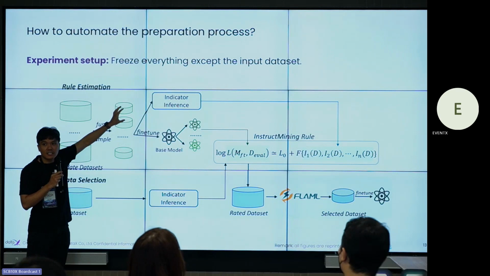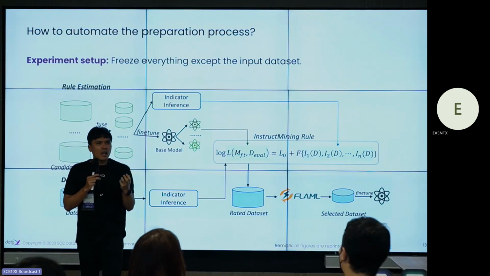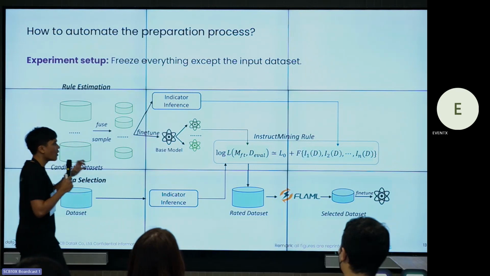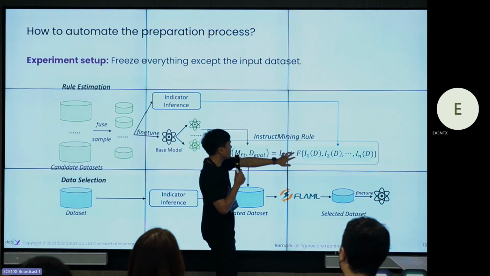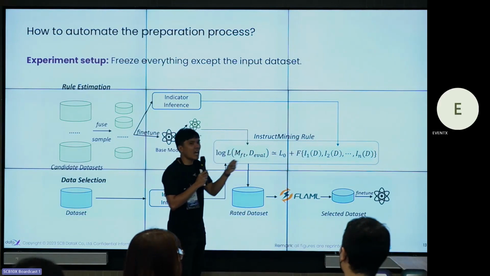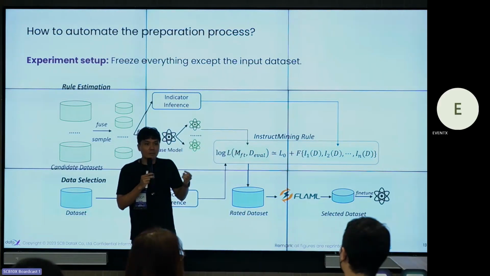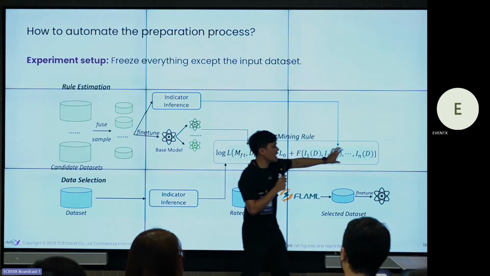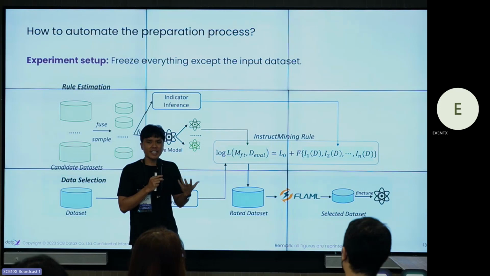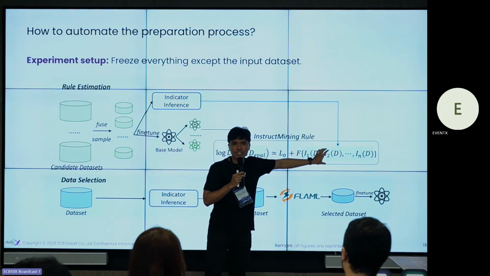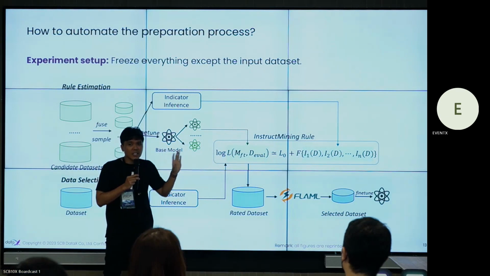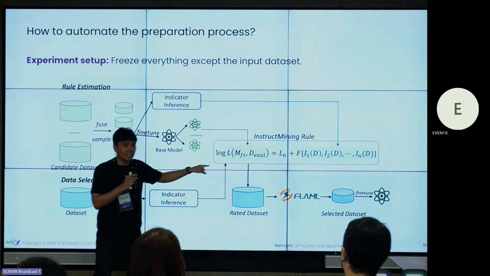And for these data sets, we quantify their quality somehow by using what are called indicators, which is the InstructMining rule. Basically, it means that we model it by using features, some kind of measurement of quality, as the input, and the loss is used as the target of this model.